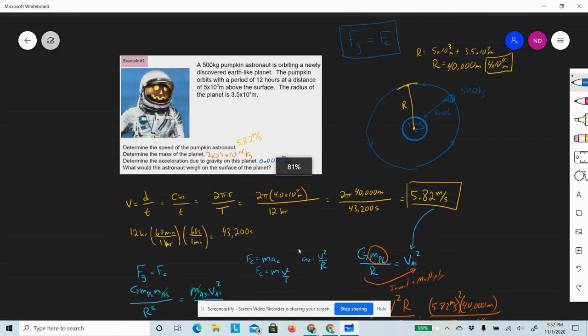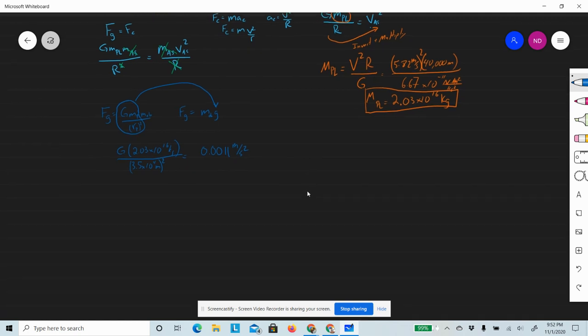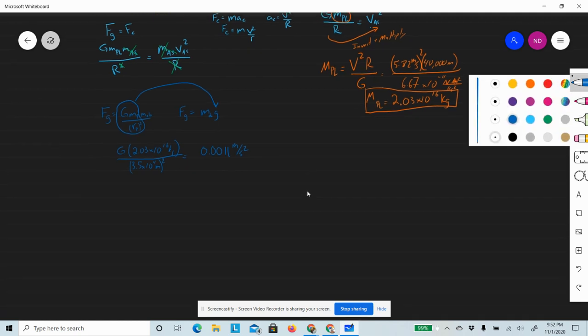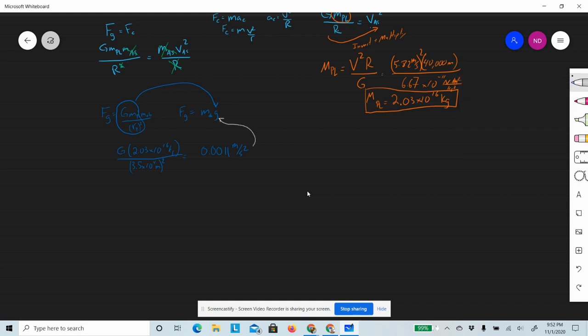And the last question, what would the astronaut weigh on the surface of this planet? So now we can plug that back into this equation to find the weight, right? F sub g equals mg. M, I think it was a 500 kilogram pumpkin, times 0.0011 meter per second squared, about 0.55 newtons.